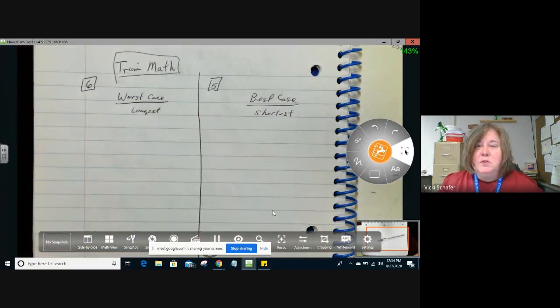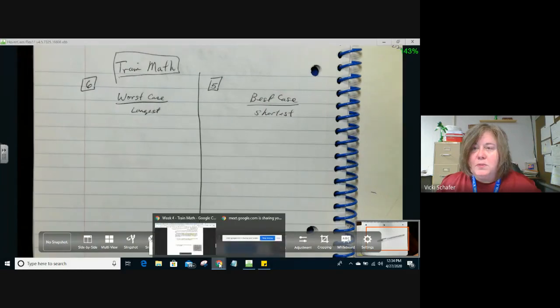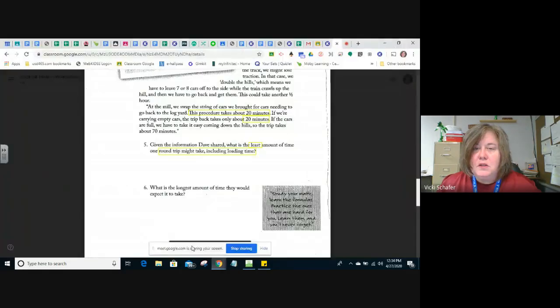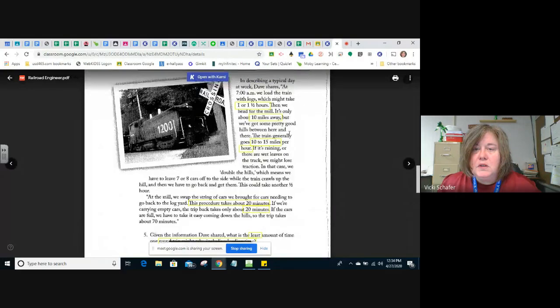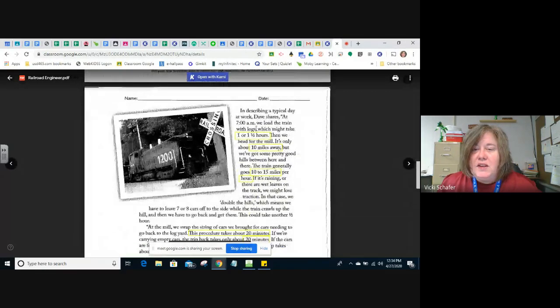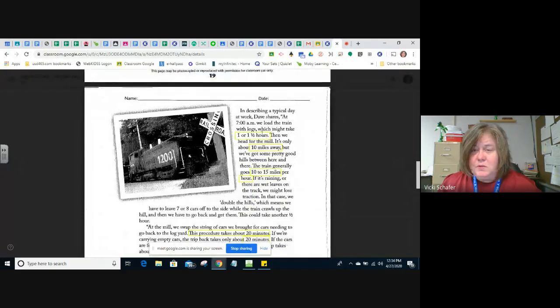Okay, so let's look at what the story problem tells us. First off, at 7 a.m., we load the train with logs, which might take 1 or 1.5 hours. So if we look at the worst case scenario, we're looking at the 1.5 hours.